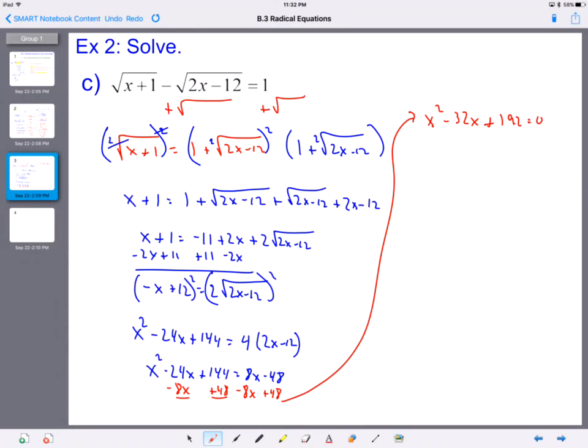Just trying to figure out if there was a factor or not. I'm not seeing it right now, but that doesn't mean it doesn't exist. I actually think I just found it, 8 and 24.